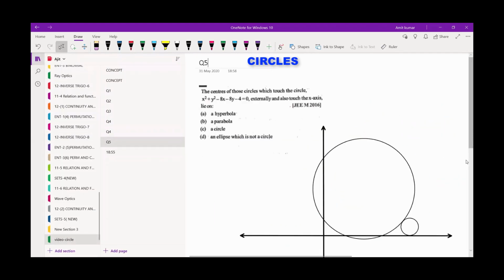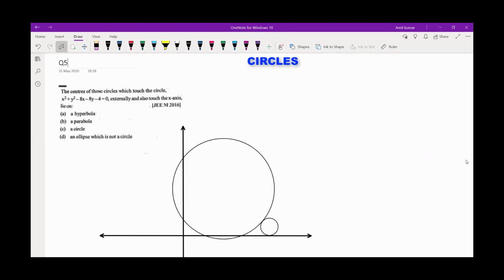In this question, we have to find where the centers of those circles lie which touch the circle x square plus y square minus 8x minus 8y minus 4 equal to 0 externally and also touch the x-axis. This bigger circle has center (4, 4), which is in the first quadrant, so C1 is (4, 4).